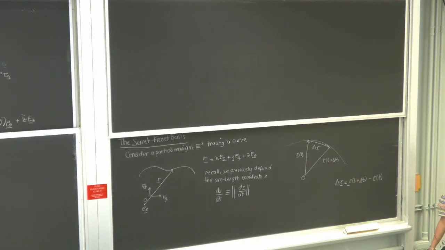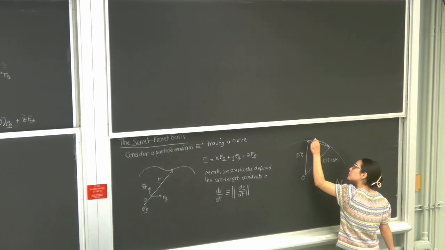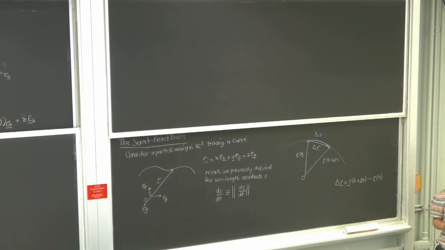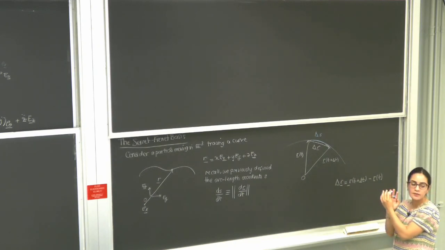Now, this here is delta s, the arc length of the curve. So recall that we had this discussion, what would happen if delta r is very small? Its magnitude, what would happen to the magnitude of delta r as it's very small?